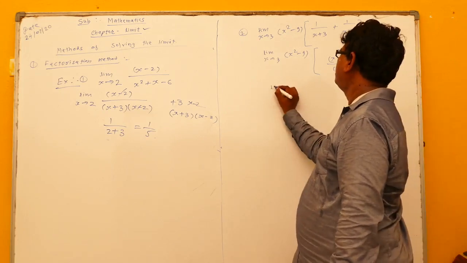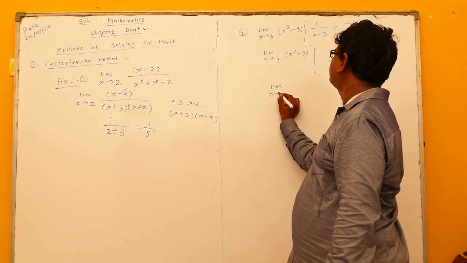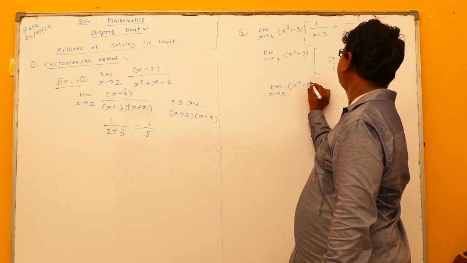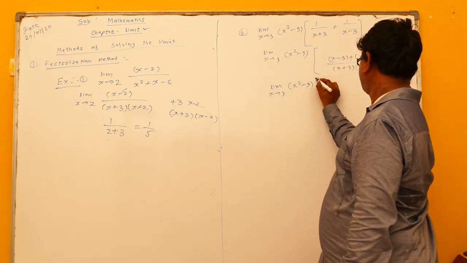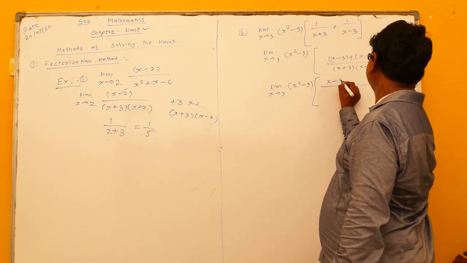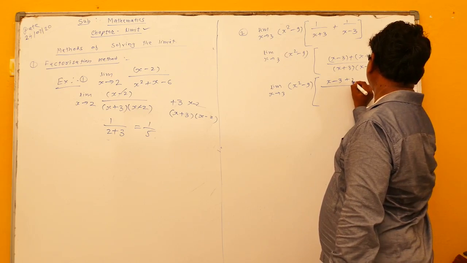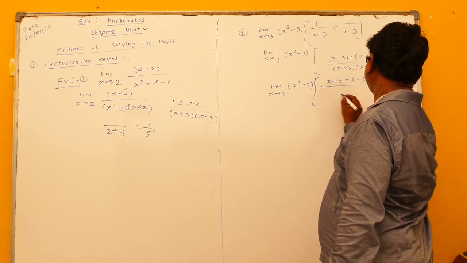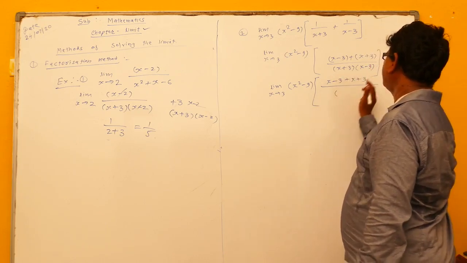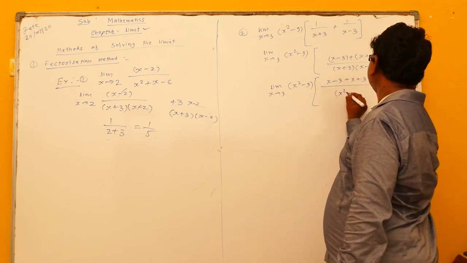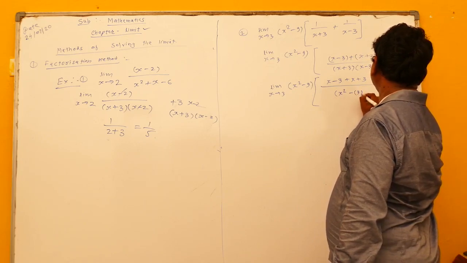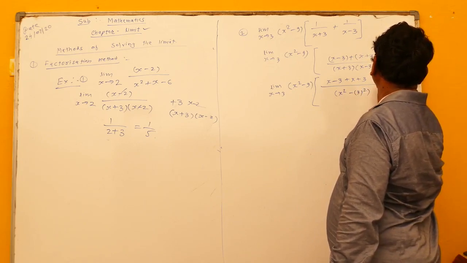Then limit of x tends to 3, (x square minus 9) into the bracket (x minus 3 plus x plus 3), divided by this multiplication, which is (a plus b)(a minus b), that is a square minus b square. It is x square minus 3 square.